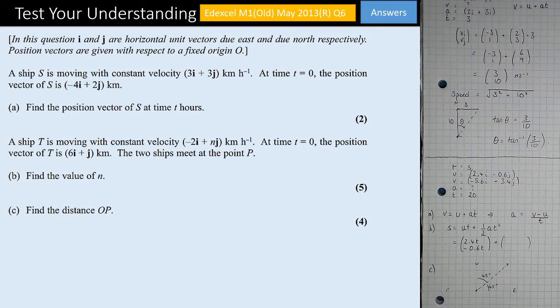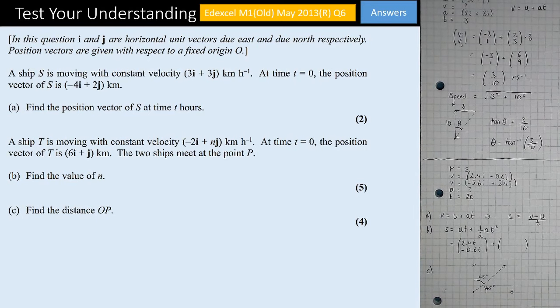So, we've got a ship which is moving with a constant velocity, and at a time t equals 0, the position vector of s is this thing. Okay, so we've got a starting position. We want to find the position vector of s at a time t.